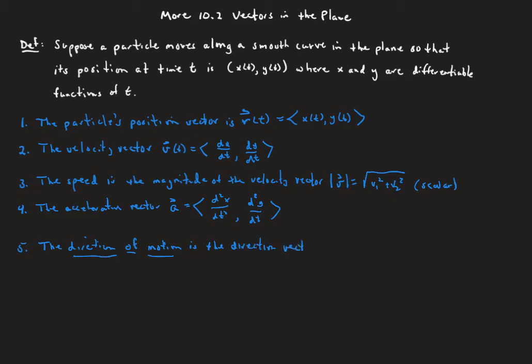That is, it's going to be a vector in the direction of the velocity, but a unit vector. So it'll be that velocity vector divided by its magnitude. So that is a unit vector in the direction of the velocity. So I'm going to get a new screen and we'll do an example and see how this kind of stuff plays out.